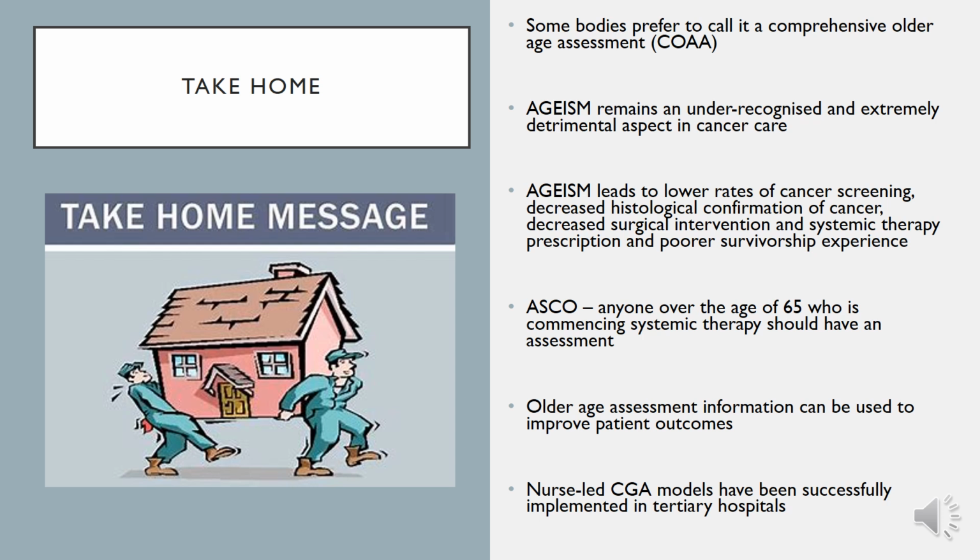ASCO, the American Society of Clinical Oncology, calls anyone over the age of 65 elderly, and they should have a systemic therapy based on their assessment. Older age assessment information can be used to improve patient outcomes, and a lot of areas in the literature are using a nurse-led comprehensive geriatric assessment model, and it's been implemented in tertiary hospitals.